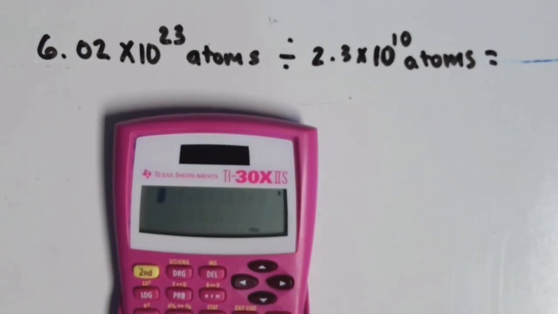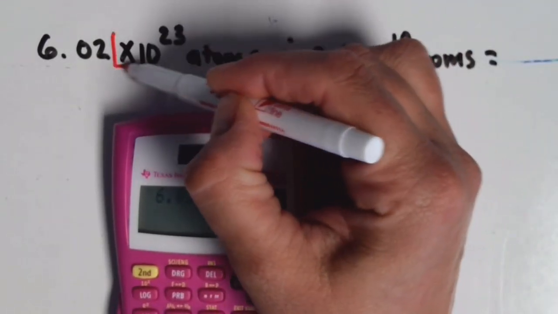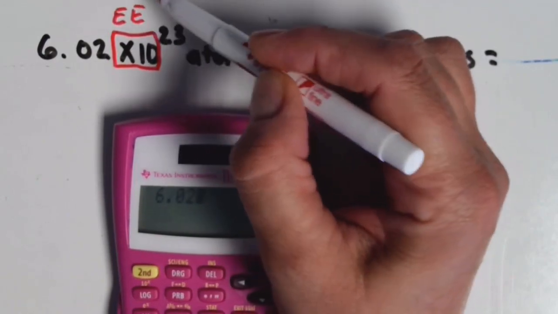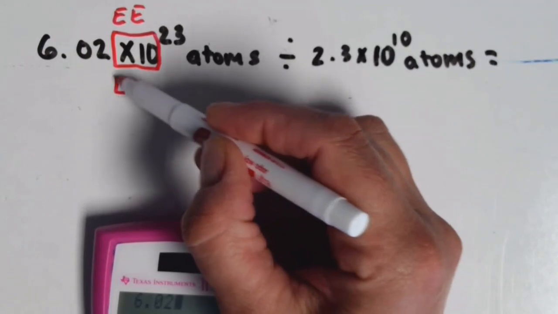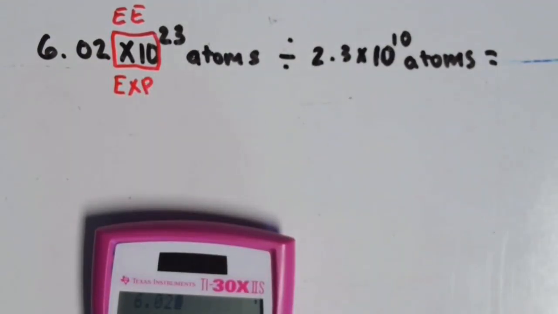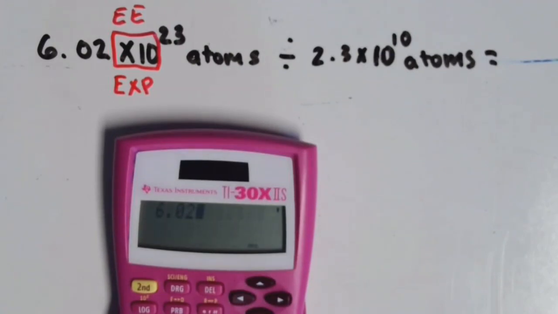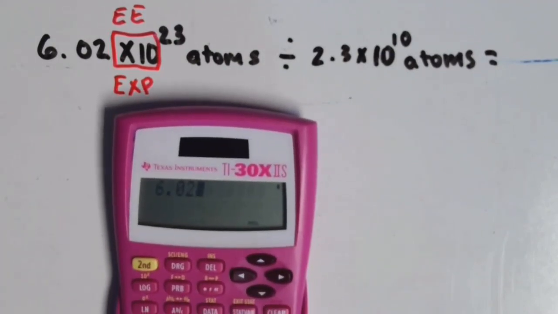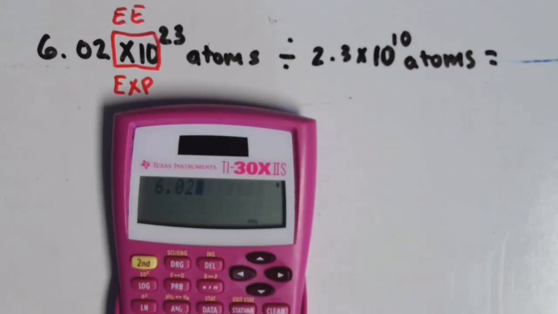So you put the base number in, 6.02, and in order to get the times 10 button, this button right here, this is actually the double E button, and if you were on the Casio, it'd be the EXP. If you're really lucky, some will actually say times 10, but you are not multiplying here. You're actually just raising this to the 23rd, or moving the decimal in your brain to the 23rd.